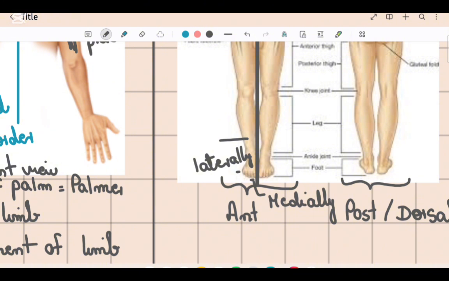Your upper limb gets rotated outward, whereas your lower limb gets rotated inward, which brings the big toe of your foot medially and your small toe laterally, whereas in the upper limb this is reversed. There, when your arm gets rotated outward, your little finger gets placed medially, whereas your thumb gets placed laterally. So that's due to the embryological folding.